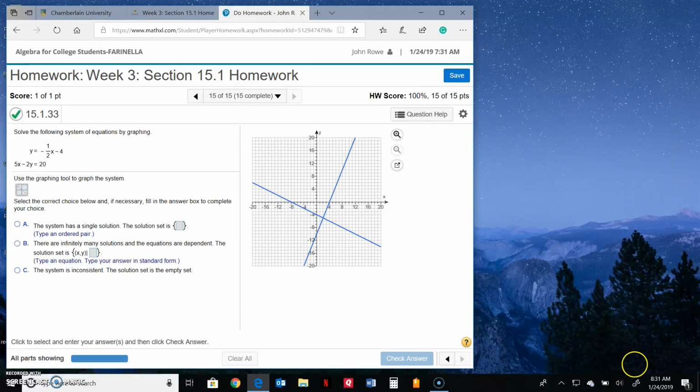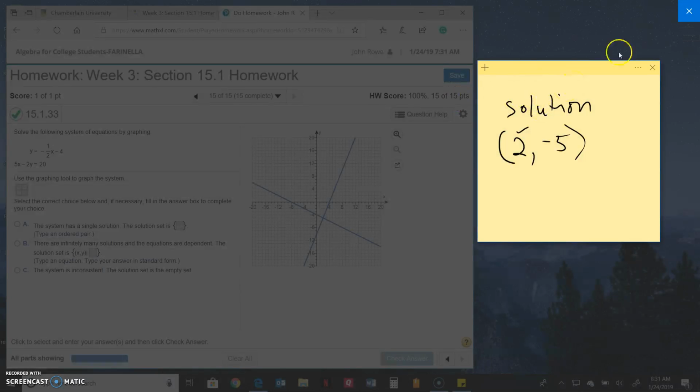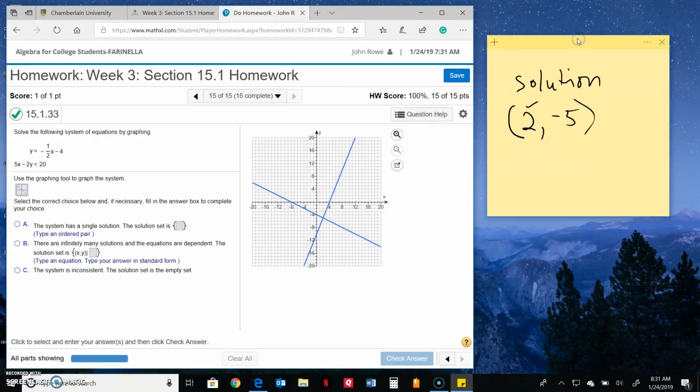Oh no, what happened to my sticky? Well, let's put it back up there.